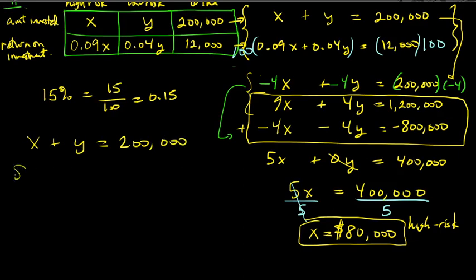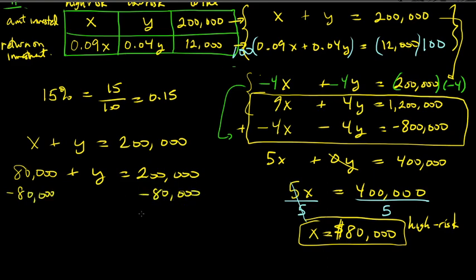And now that we know that X is 80,000, we can find Y just by subtracting the 80,000 on both sides. So Y equals what? 200 minus 80 is 120. $120,000, right?